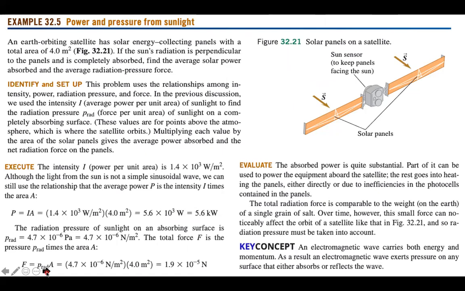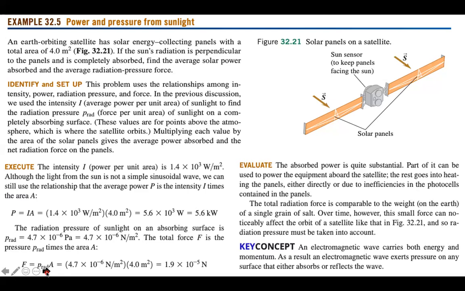I'm going to be reading this thing just to give you time to think about it. So we have an orbiting satellite that has a solar panel that collects energy with a total area of 4 square meters. This is a satellite in a near orbit around the Earth, okay?